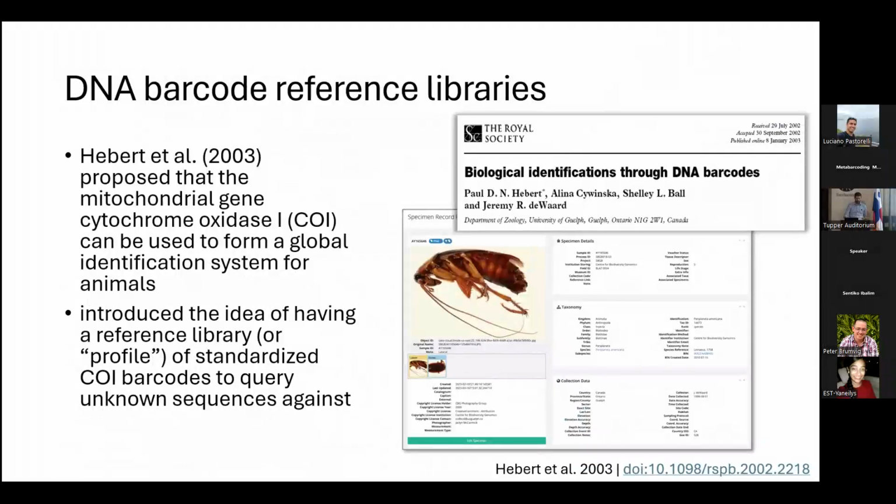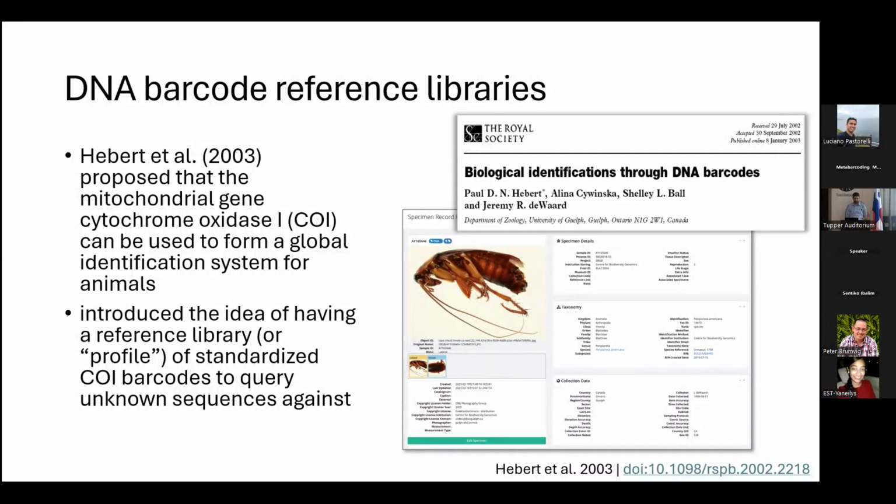And so, skipping ahead 8 or 9 years from then, Hebert proposed, or expanded on, that idea of having a molecular reference library, but standardized with a particular marker that would work across a big swath of life.